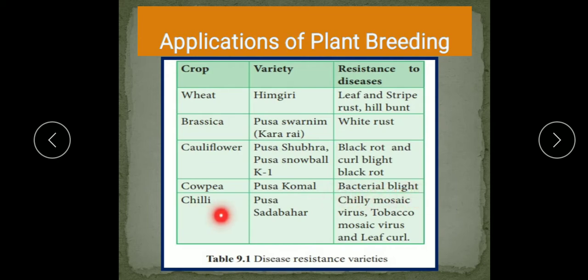Then chili, its variety Pusa Sadabahar, is resistant to chili mosaic virus, tobacco mosaic virus, and leaf curl. So these are the varieties of crops developed by plant breeding techniques which are resistant to these different diseases.